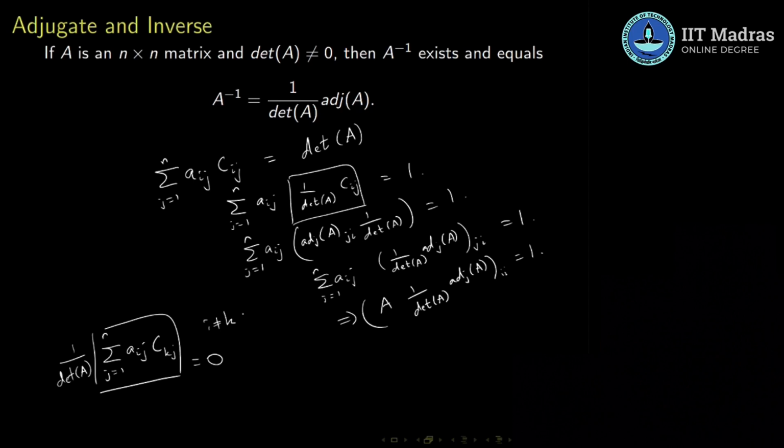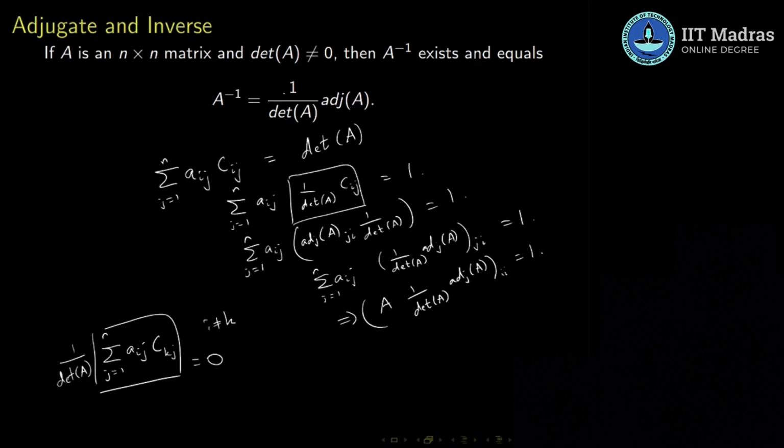You can think of this as a determinant of a matrix with 2 rows the same, namely all rows of A are exactly the rows of this matrix except the kth one, and in the kth one what do we have? We have the ith row. So, 2 rows are the same, and we have seen in the last video that if 2 rows are the same, then the determinant is 0. So, that is why this thing is 0. Okay, and from here it will follow that the ikth entry is also 0.